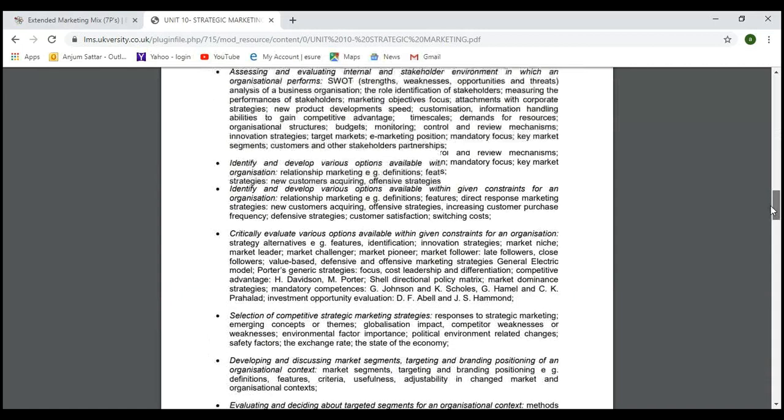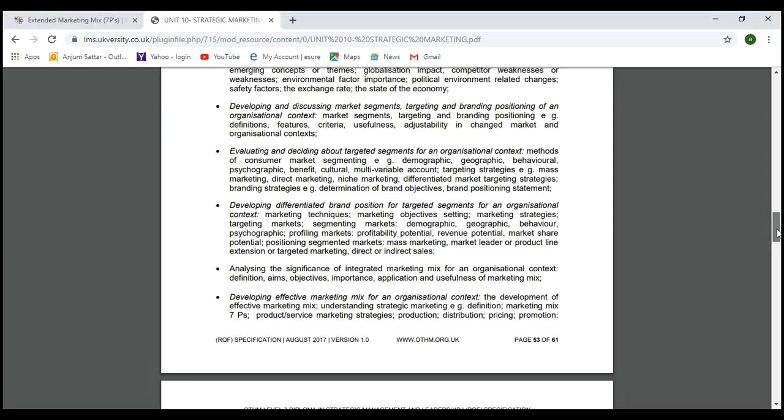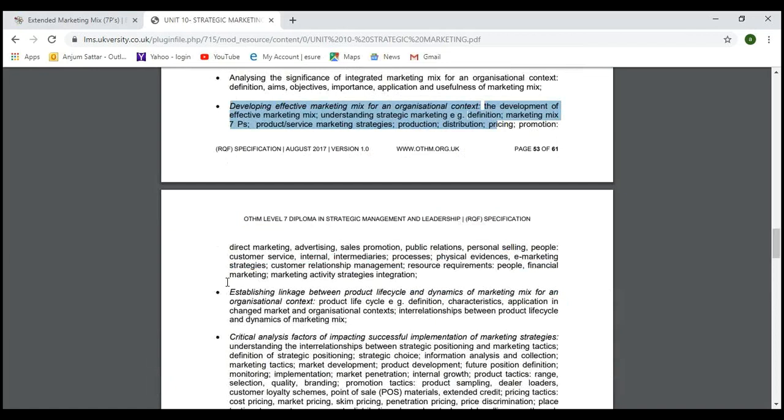Today's lesson content is always good to look around when you do your assignment. You need to analyze the significance of integrated marketing, developing a marketing mix, and how the marketing mix is changing fast. All of this will be the focus of the lesson.